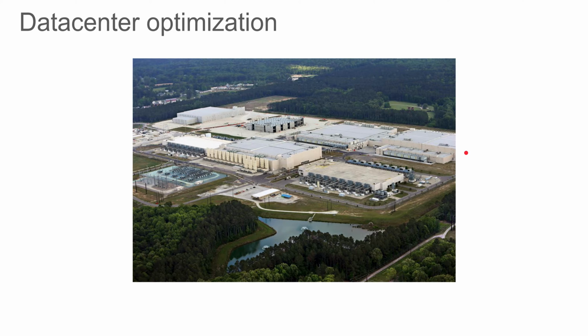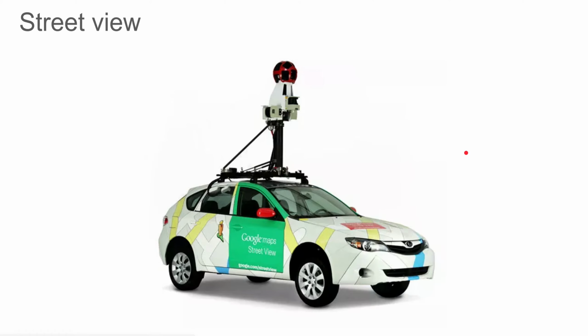We use combinatorial optimization to optimize our data centers. We optimize many different aspects: compute, storage, networking, cooling, all sorts of things. One of the first applications of combinatorial optimization at Google was routing Street View cars, so deciding how the drivers should go through the streets of every city in the world to map the world.